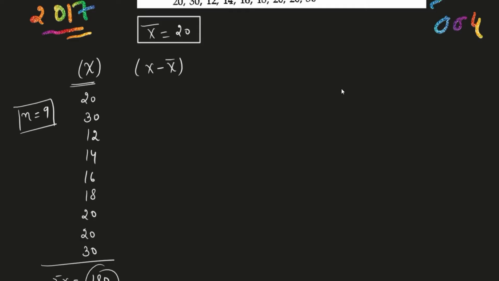Now x minus x bar, value of x is 20 minus x bar, that is 20 minus 20, that is 0. So x minus x bar is 0. Same goes for the another digit, that is 30 minus 20, that is 10. And same goes for all of the digits. I am just writing, so you can cross check or tally the answers.